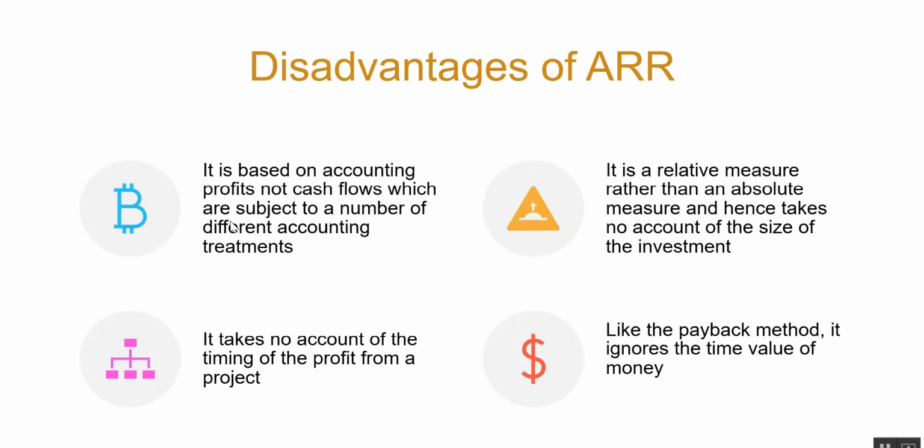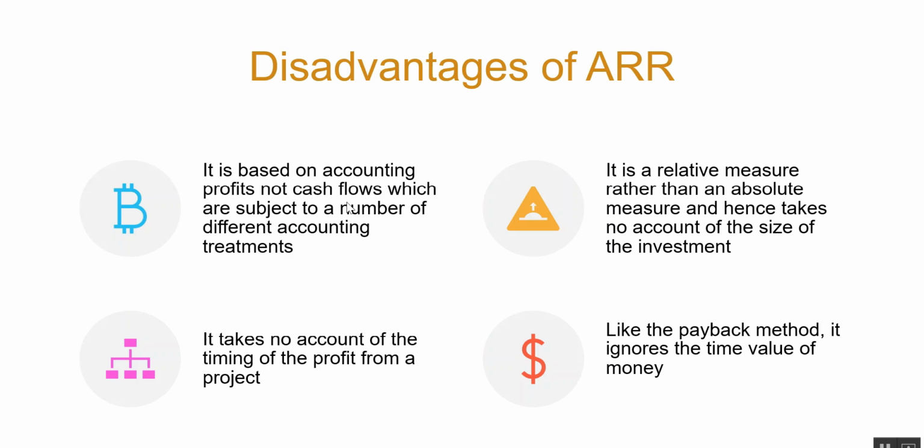Though it is very easy to calculate ARR, there are a number of drawbacks, a number of disadvantages in calculating ARR. Now let's look at those disadvantages. What are the disadvantages? The first one is it is based on accounting profit, not cash flows, which are subject to a number of different accounting treatments.